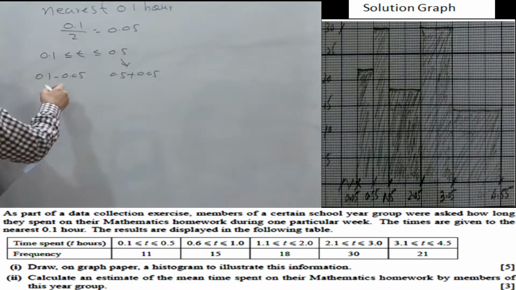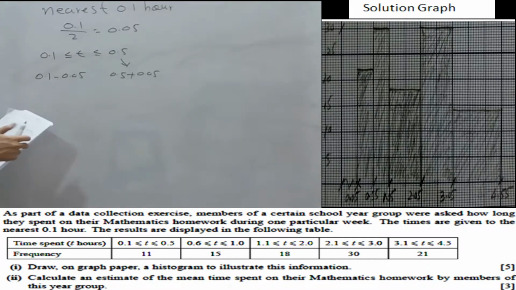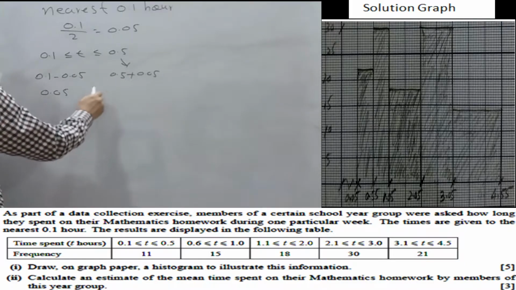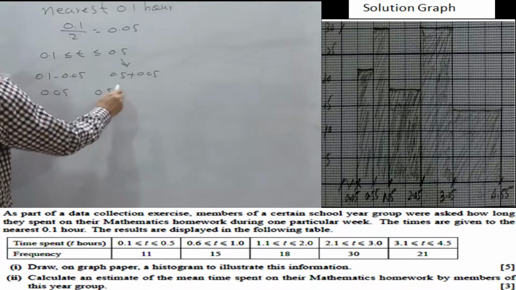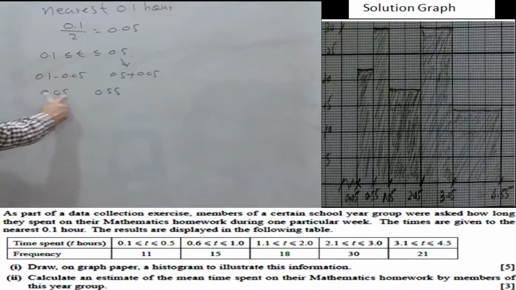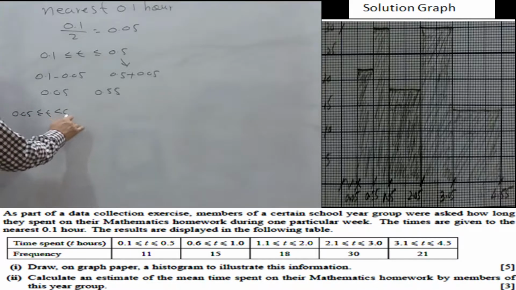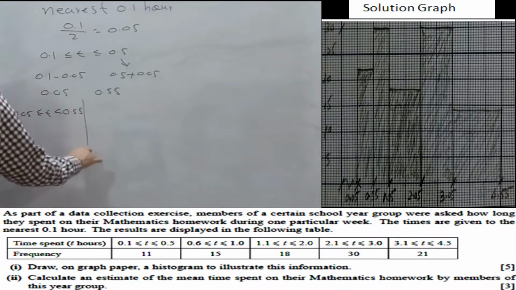Then you will get this value to be 0.05 and this value will be 0.55. This will be the lower class boundary, this will be the upper class boundary. So you can now make the table: 0.05 less or equal to t less than 0.55.